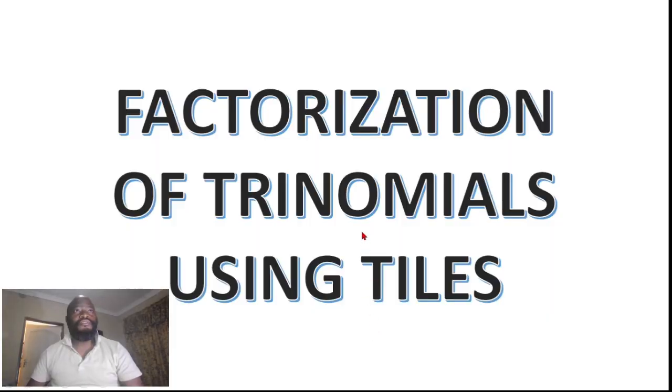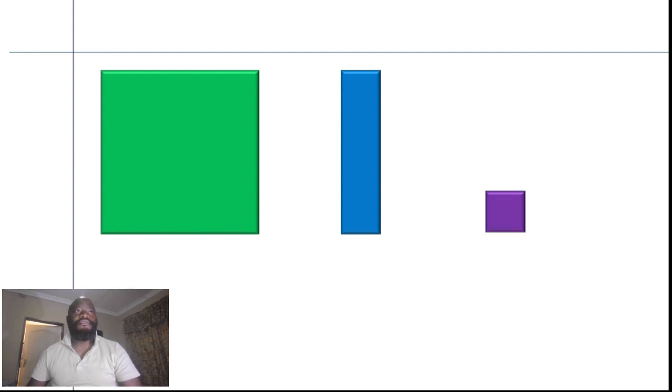And this is how it looks. So let's have a square and a rectangle, a blue rectangle, and a little square again. So this square here, we'll say it has side length x, which means it also has the width of it as x.